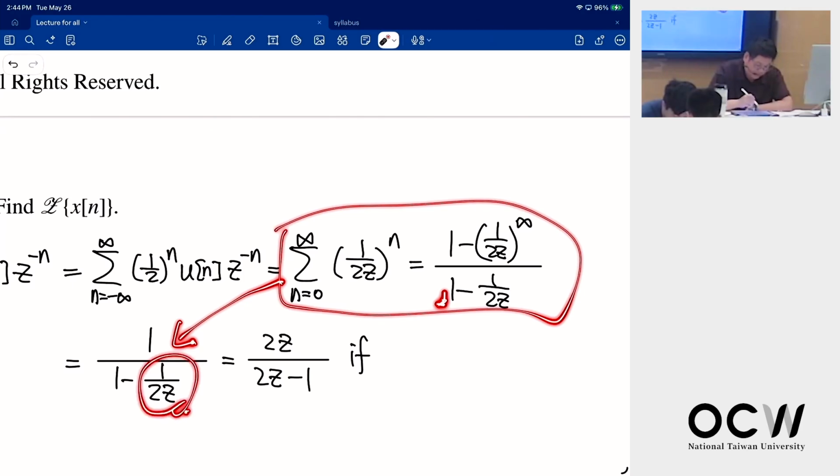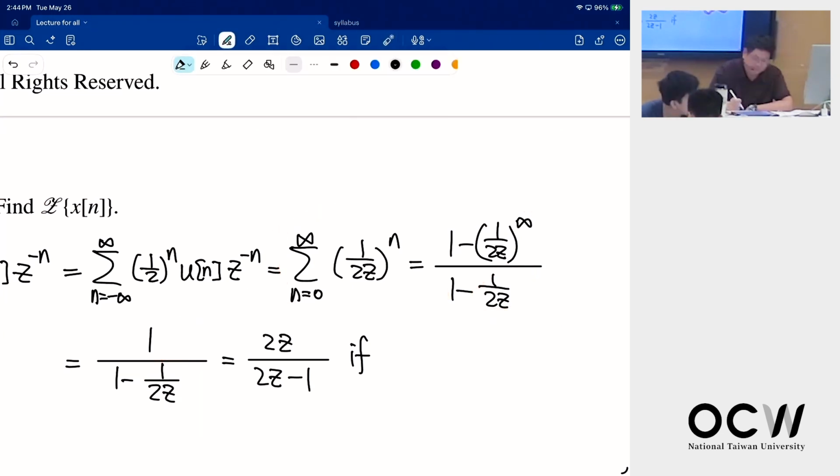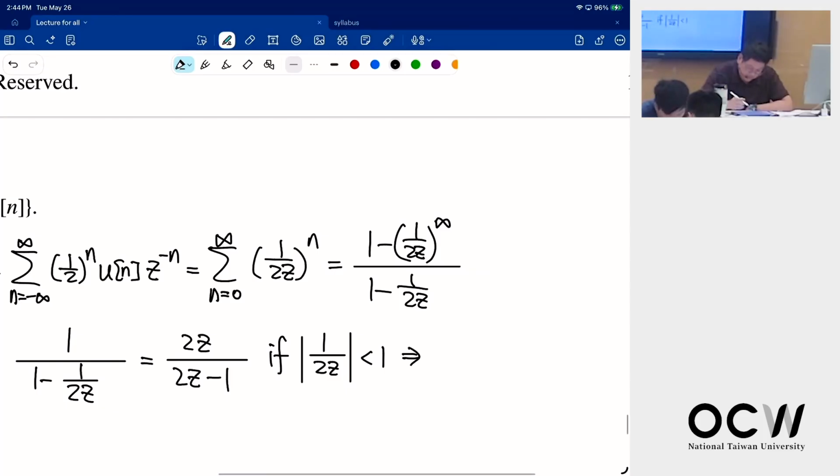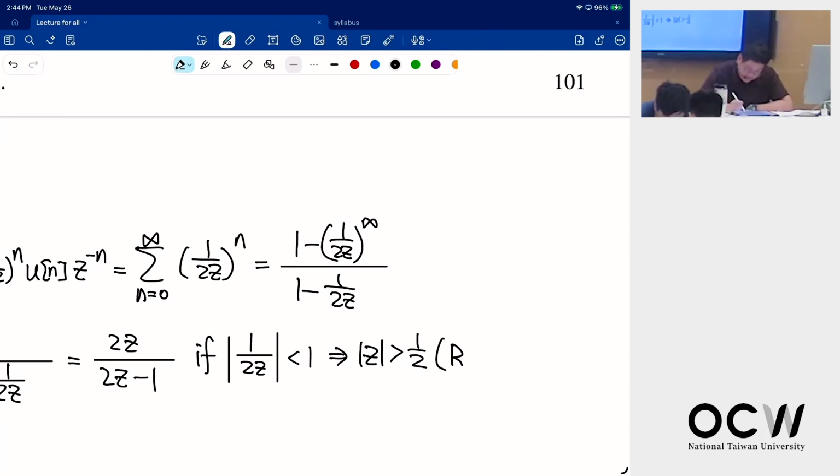If the ratio, okay, this ratio is less than 1, right? So when the ratio is less than 1, which means |z| is greater than 1/2. This is your region of convergence.